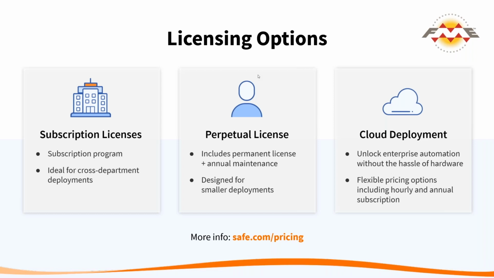So if you've got big jobs running, you can design them on desktop locally, run them on a cloud server, and there's all sorts of pricing options there that can make it cheaper for you. You only pay for the license when it's running and that sort of thing. I'm not a salesperson, you can tell, but if you're interested in that, check out safe.com/pricing.